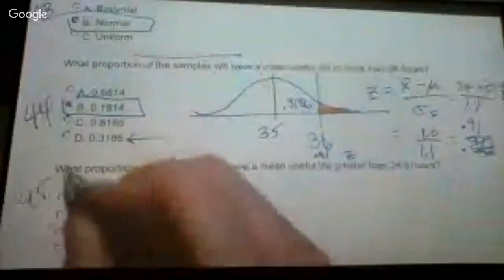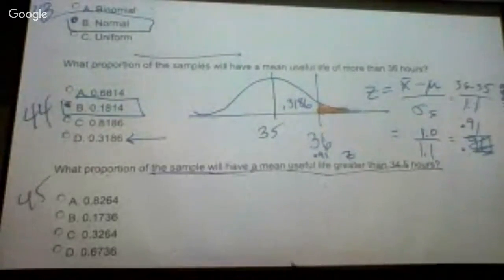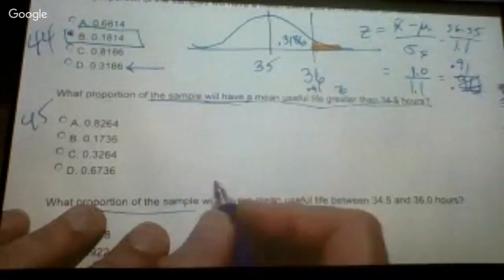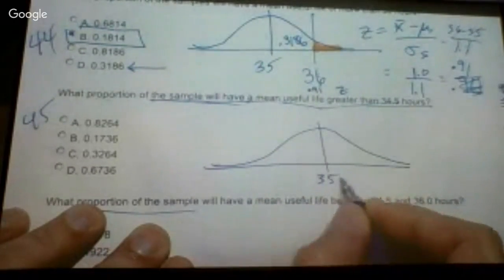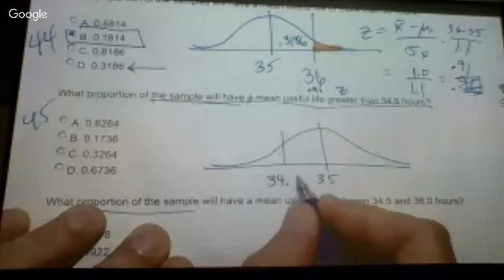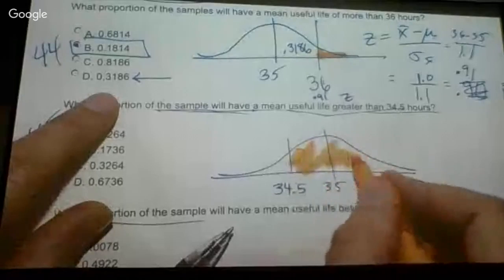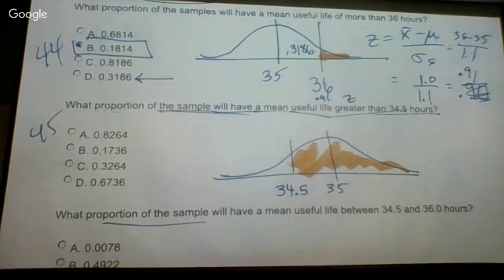45. What proportion of the sample will have a mean life greater than 34.5? Greater than 34.5. Eliminate 2.